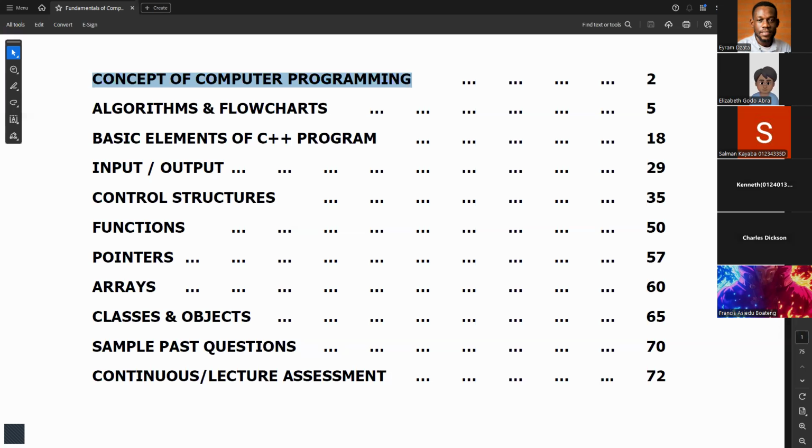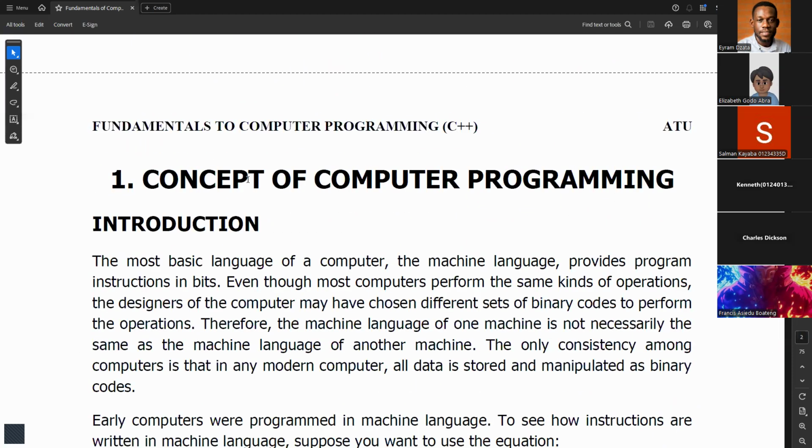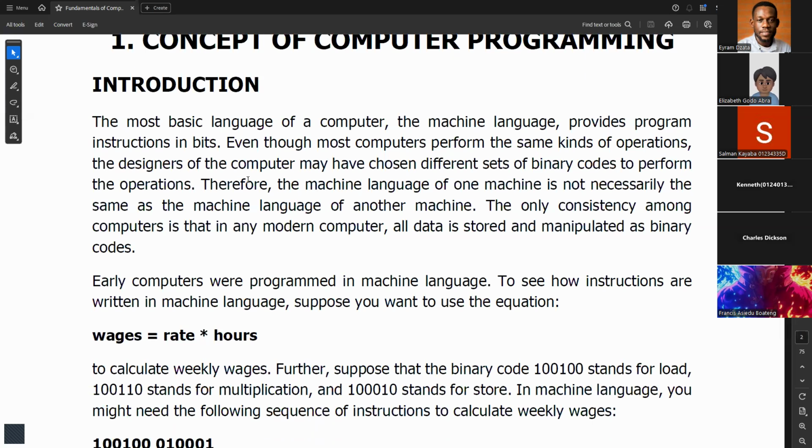Okay. So today we want to look at algorithms and flowcharts.